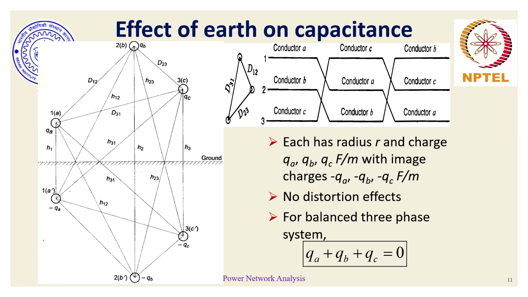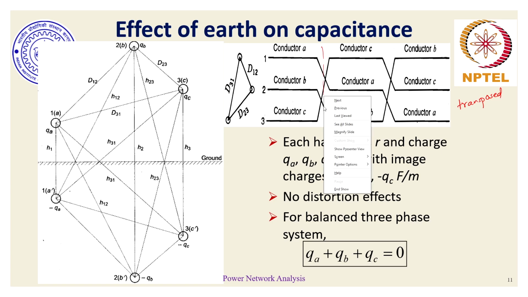So what we have here is the most complicated case. We have our three-phase transposed lines which are transposed at different sections. Remember 1, 2, 3 can be different from the section marking. So this can be section 1, this can be section 2, this can be section 3. And conductors A, B and C are taking different positions 1, 2, 3 over here.